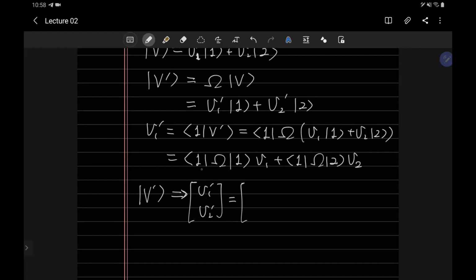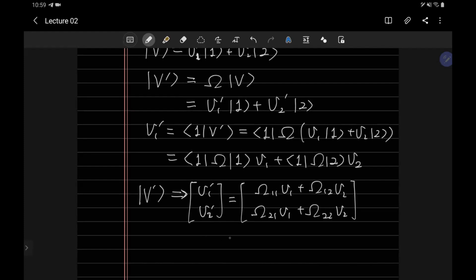And instead of writing in this long form, I can just use the short form, which is omega sub 1 1 v sub 1 plus omega sub 1 2 v sub 2. And similarly, the second component will appear as omega sub 2 1 v sub 1 plus omega sub 2 2 v sub 2.